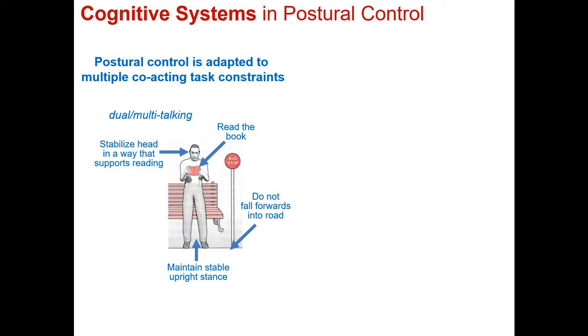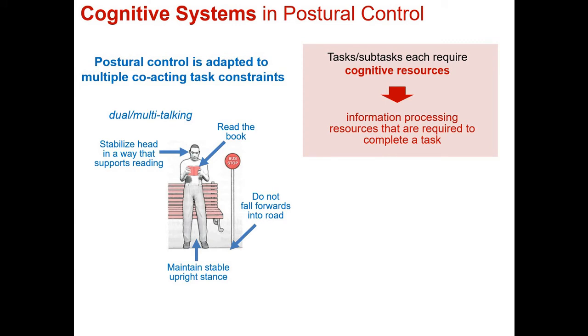Most everyday tasks look like this. There are multiple tasks that all need to be satisfied at the same time. When we start thinking about cognitive systems in postural control, the first thing that we need to realize is that the tasks or subtasks each require cognitive resources. Cognitive resources are information processing resources that are required to complete a task.